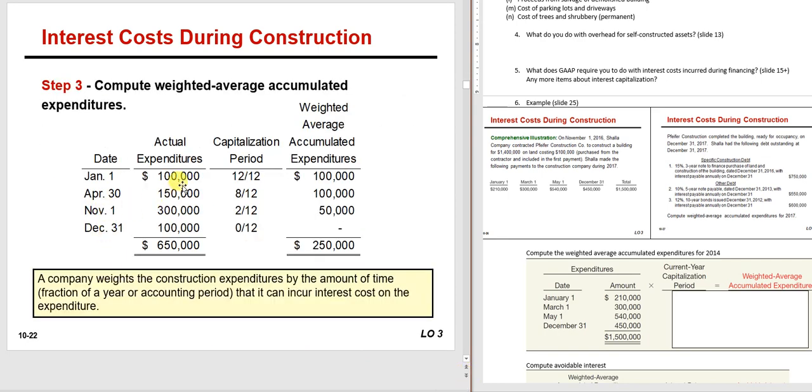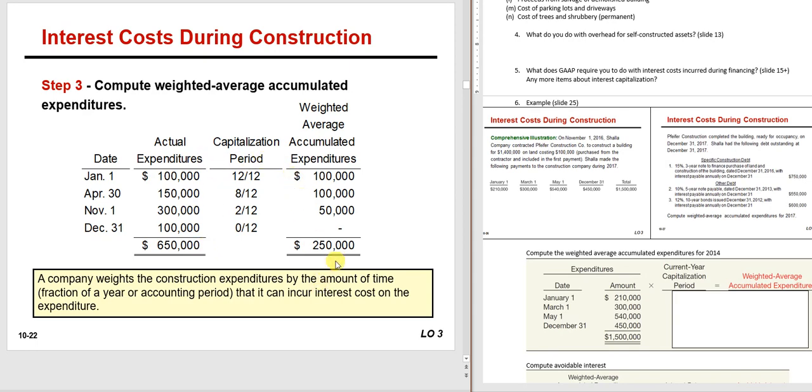So what we do is we do the weighted average of accumulated expenditures. This $100,000 was outstanding from January 1st to December 31st, so $100,000. This one was April 30th to December 31st, so May through December, in other words, 8 months. November through December, so 2 months, and December 31st was the last day of construction, so it's 0.